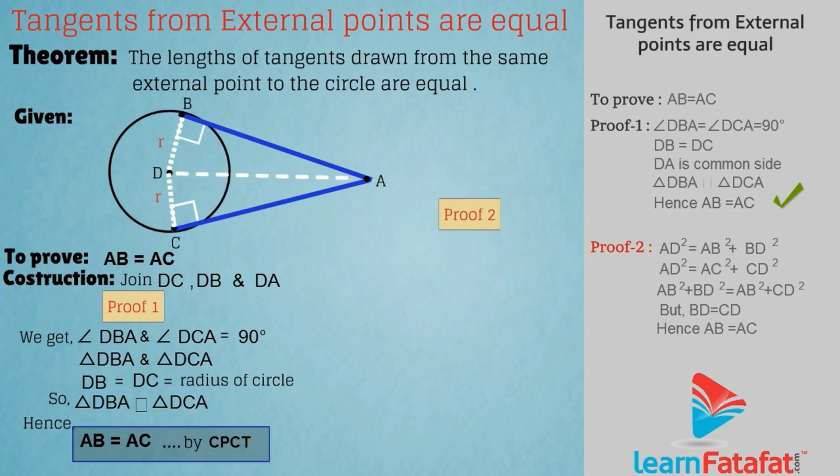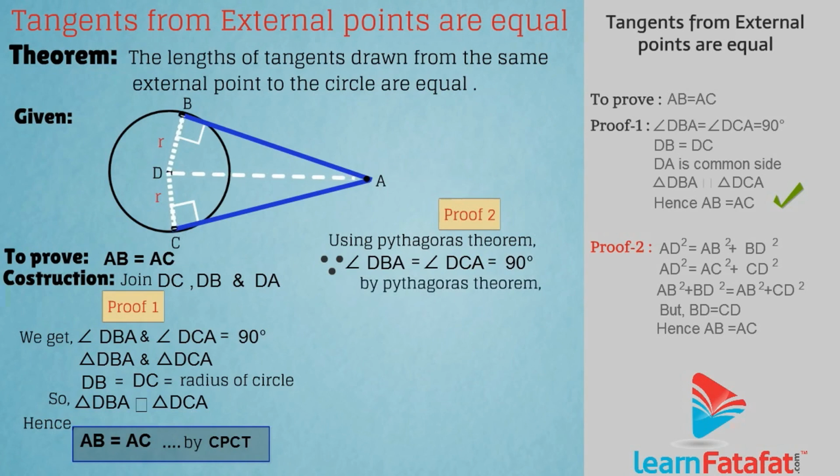Proof 2. This theorem can also be proved by using Pythagoras theorem as follows. Since the two angles, angle DBA and angle DCA are perpendicular, hence by using Pythagoras theorem we have AD square is equal to AB square plus BD square for triangle DBA.